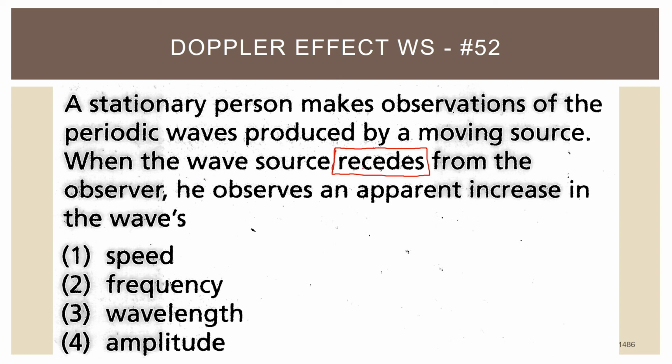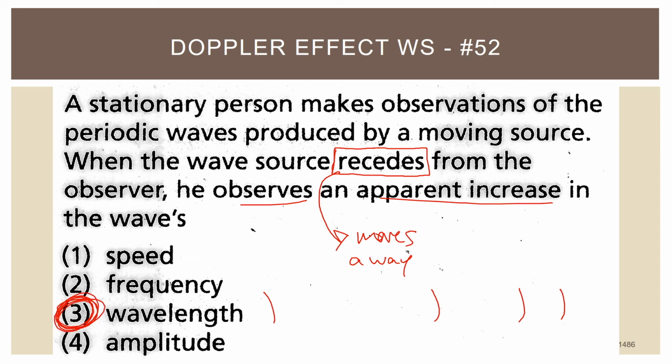When they say the wave source recedes, what they're saying is that it moves away from the observer. And so when they're telling you here that the wave source recedes from the observer, that's a fancy way of saying it moves away. And as we said, when the source moves away from the observer, we see that spreading out of the wave fronts, which makes it seem, notice, he observes an apparent increase in the wavelength of the wave.